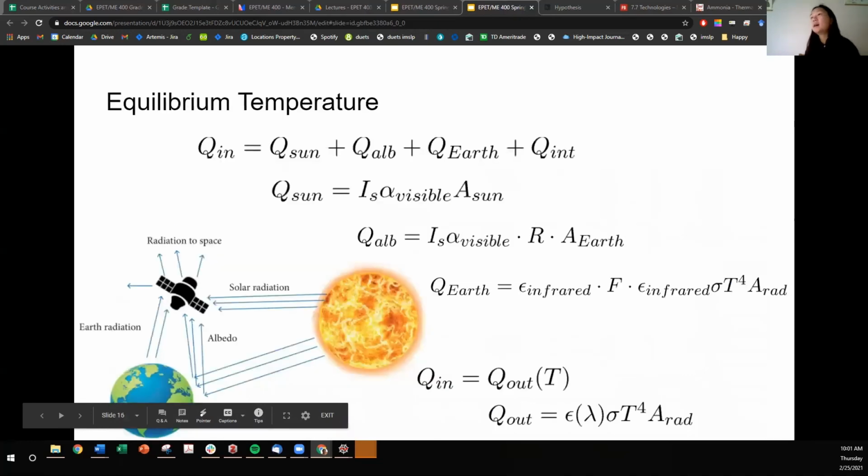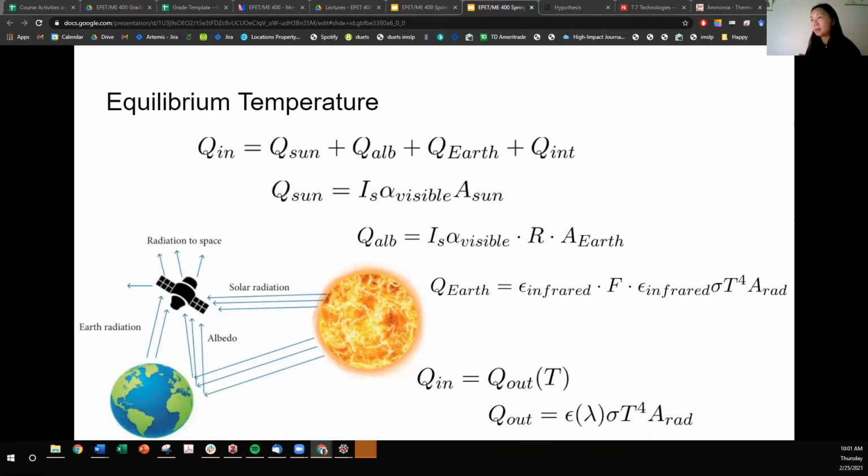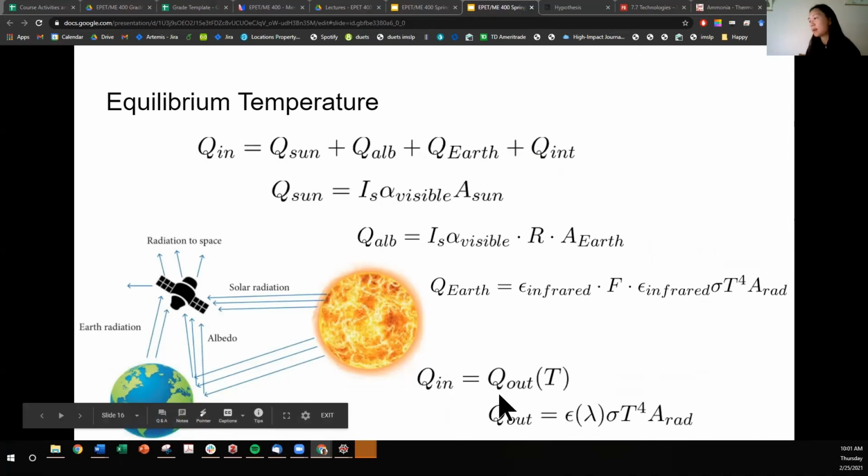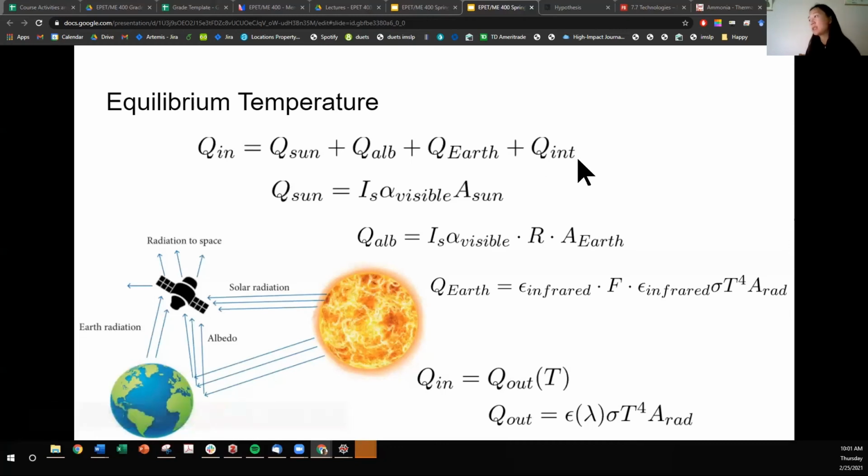So then our radiation balance would be, remember this, your Q in is going to be the amount of Q out, where Q out is a function of temperature. Now, what is Q in? It's all of the sun, the albedo of the Earth, and your internally dissipated electronics, where your Q sun is this equation, so you recognize these equations.